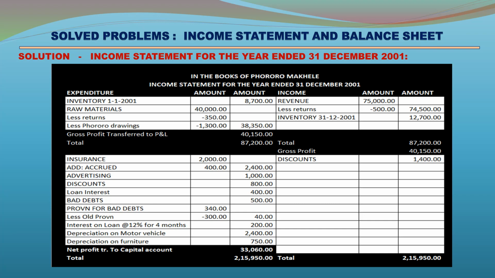In the profit and loss account, gross profit on the credit side 40,150 and discounts 1,400.